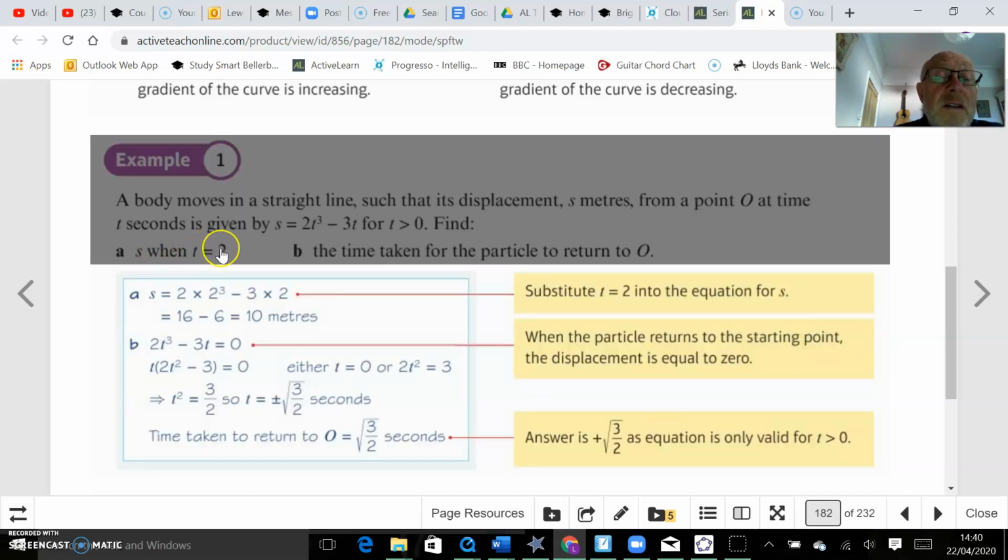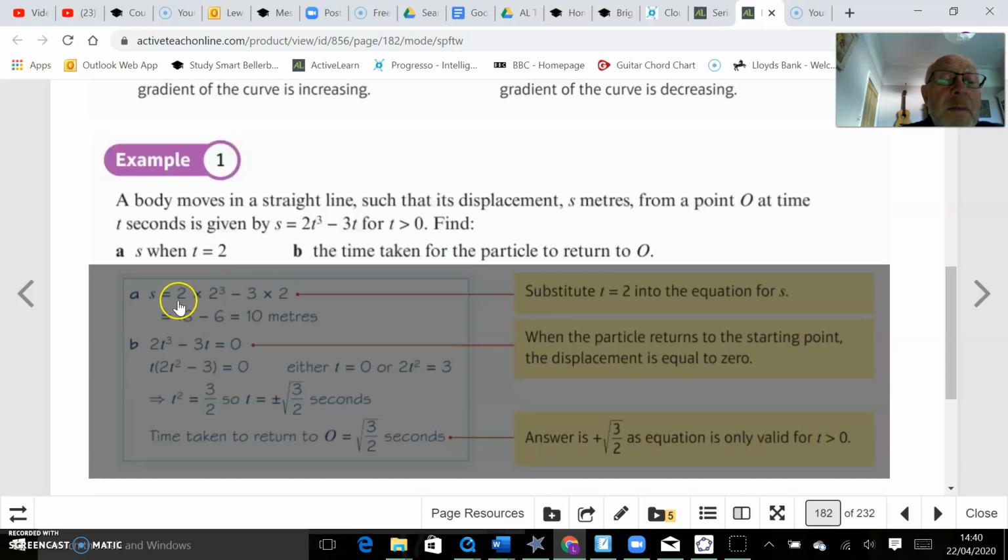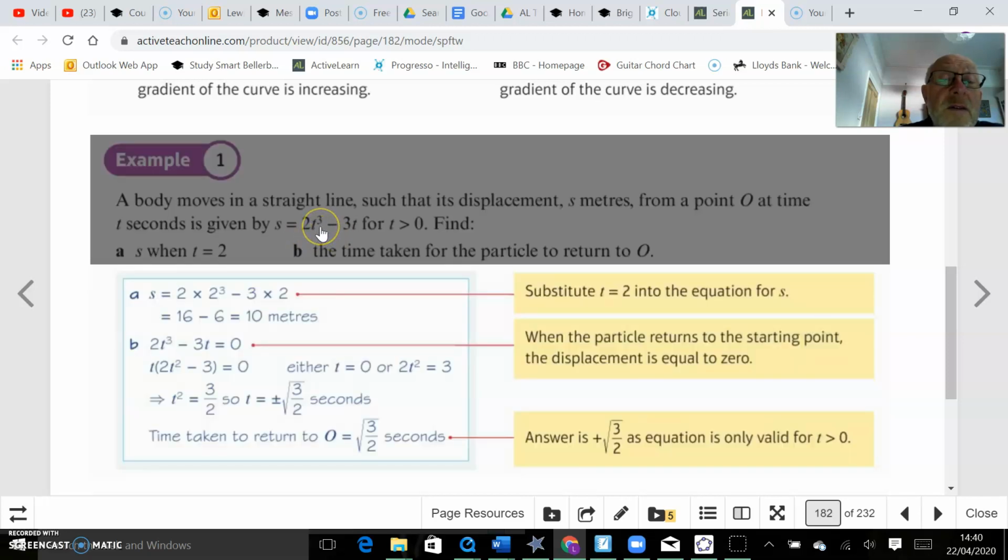Find s when t is 2. Well, that's simple. Just substitute 2 in here. s equals 2 times 2 cubed. That's 2 times 8, 16. Minus 3 twos are 6. So that's 10 meters. So the change in position, the displacement, is 10 meters.